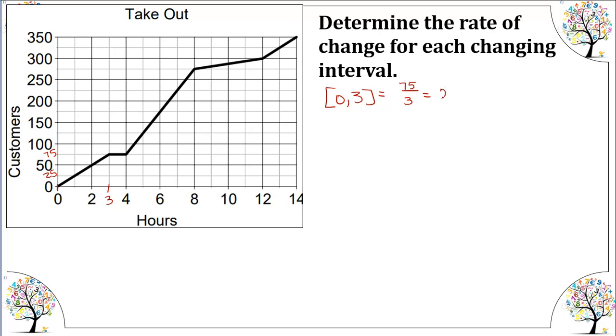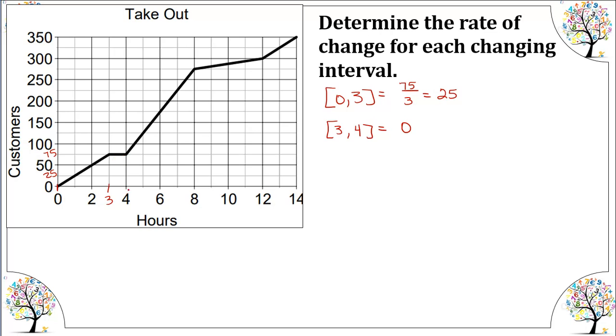So they had 25 customers per hour from hour 0 to 3. Then we have hour 3 to 4, and we can see that they had no change in customers. The rate of change is 0.